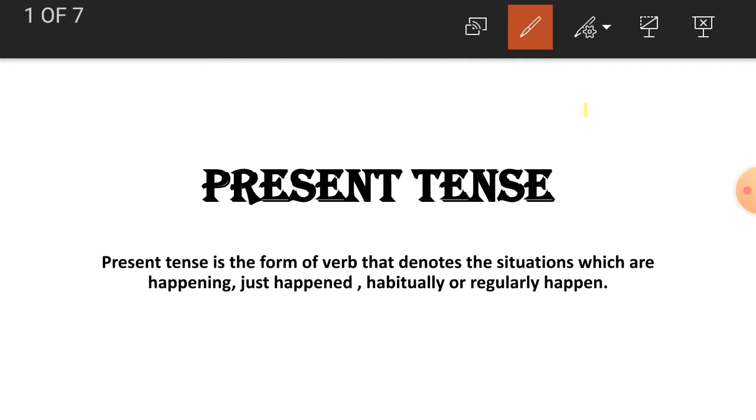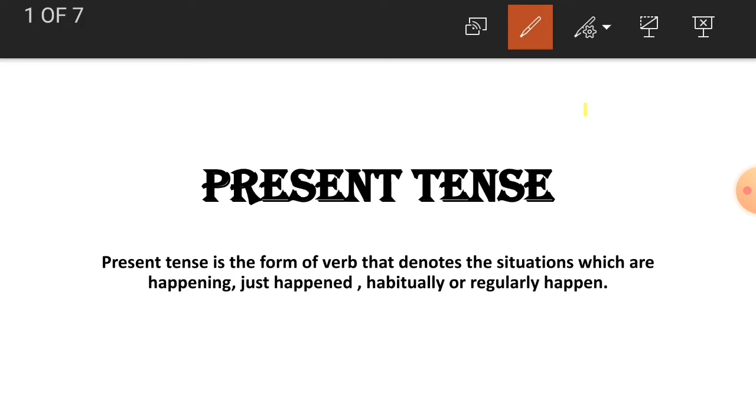But I am present here with a simple definition of present tense. Present tense is the form of verb that denotes the situations which are happening, just happened, habitually or regularly happen.